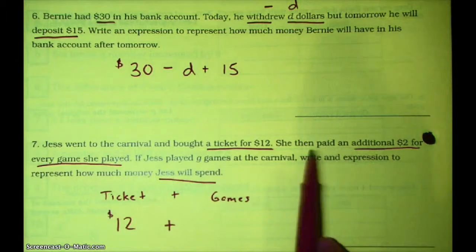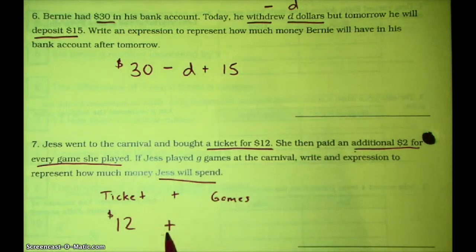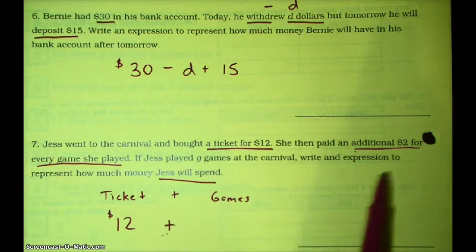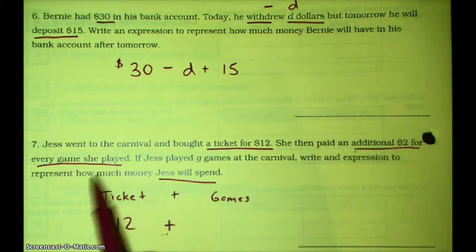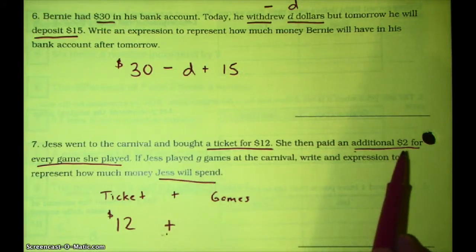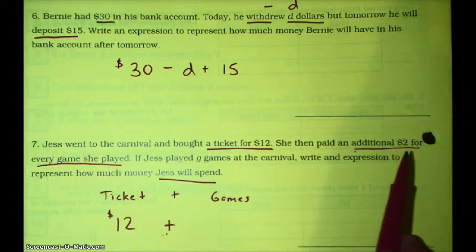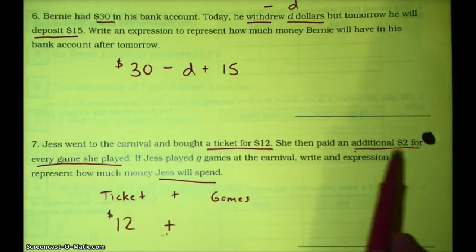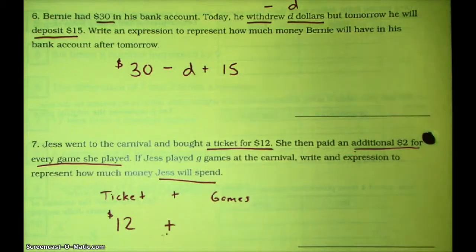Then it says she paid an additional, which is signaled by the plus sign, an additional $2 for every game she played. So let's think about this for a second. For one game, she'll pay $2. For 2 games, she'll pay 4. For 8 games, she would pay 2 times 8, 16 extra dollars. For 20 games, she would pay 2 times 20, or an additional $40.